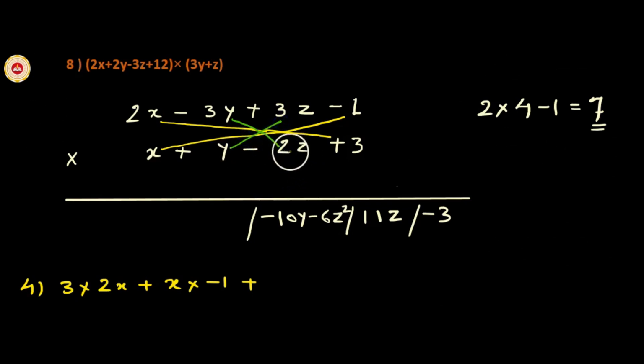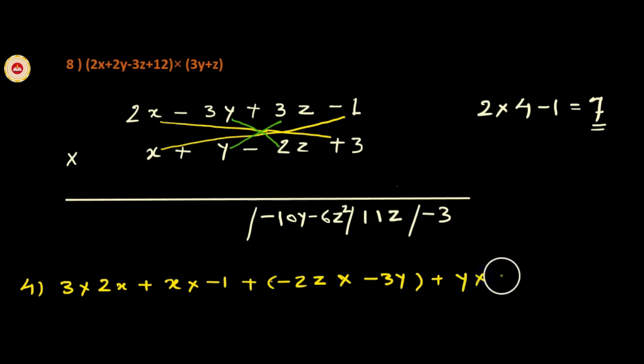See, minus 2z, consider this minus sign also. Minus 2z multiplied by minus 3y plus y multiplied by 3z.